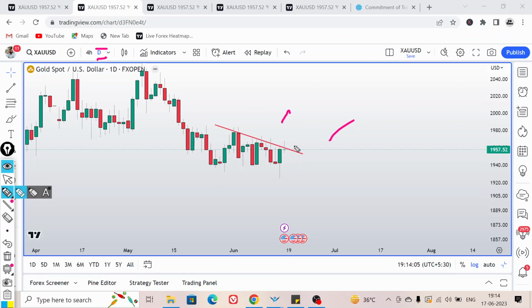In terms of a specific price level, the price level is around 1970. 1970, that we discussed many times, is an important price level on daily that we have to watch, because if price is able to close above 1970, we can expect further up move, or further rise in the price. But if price is not able to break 1970, and if bears are able to hold this trend line, then we can expect a decline in price action.